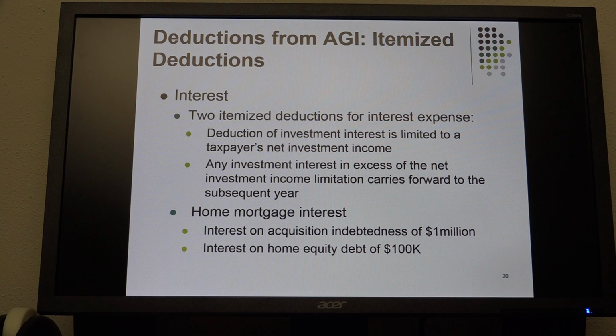In other words, you've got a home where you owe $200,000 on it, and it's worth $225,000, then you're only going to be able to deduct interest on $25,000 of indebtedness. But let's say you have a home that you owe $200,000 on, and it's now fair market value of $300,000, then interest on the whole $100,000 is deductible.